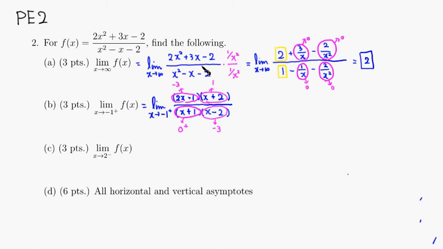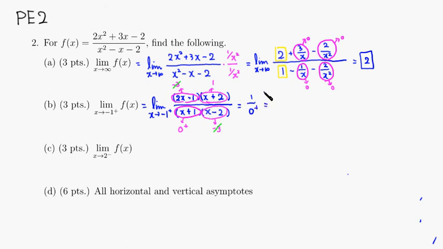Then you can see that here we can cancel -3 and -3. So what's left is really 1 over 0 from the positive side.